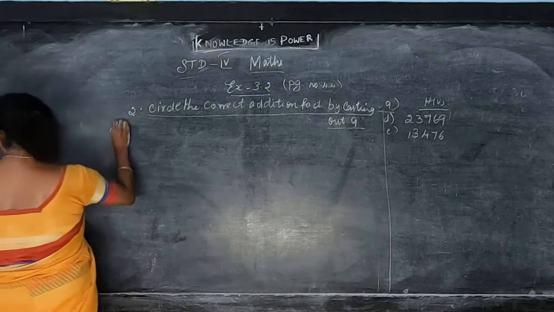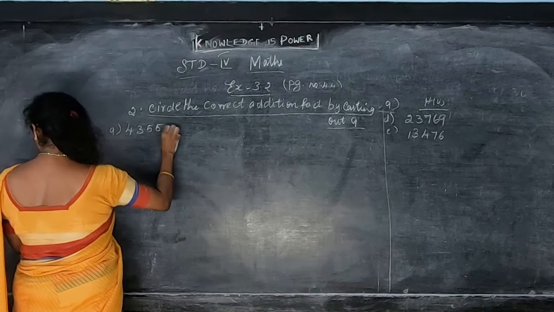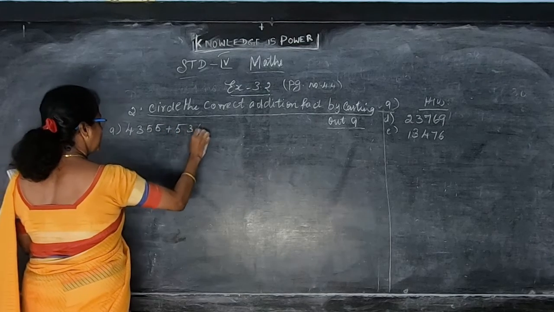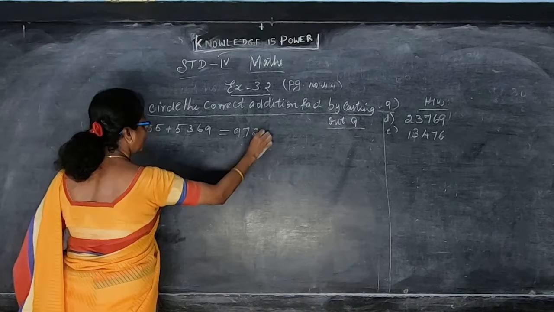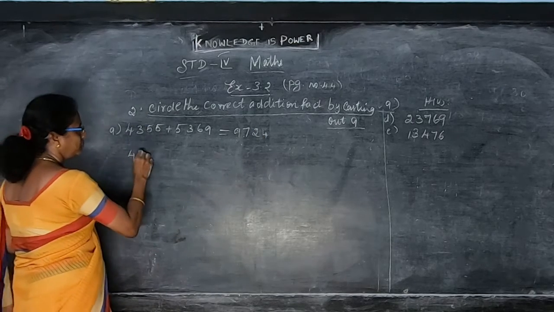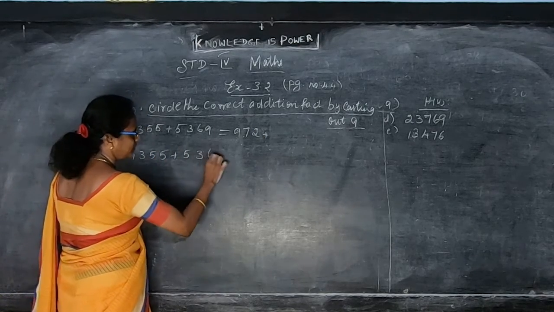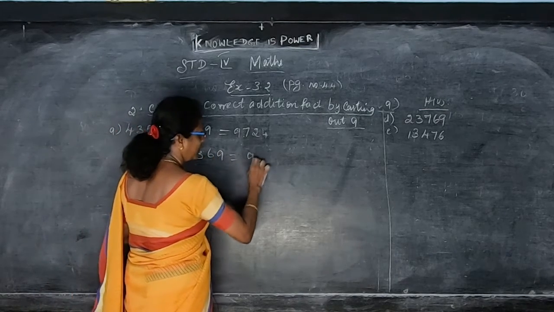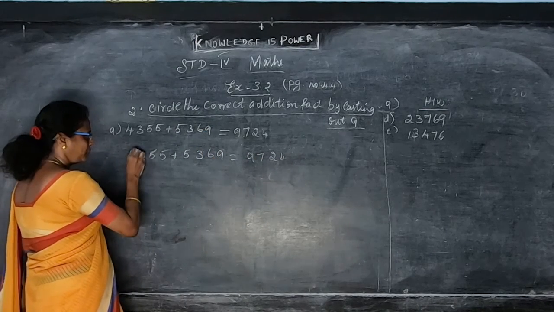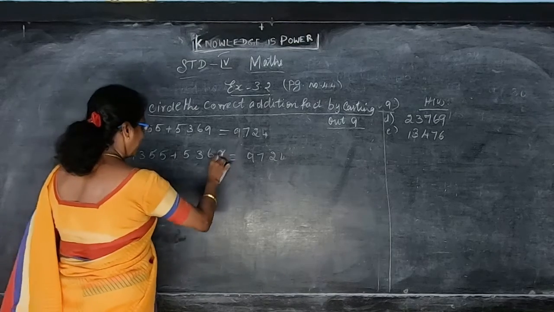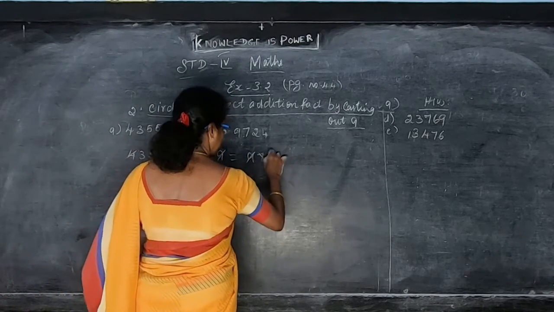Sum under 4: 4 3 5 5 plus 5 3 6 9 equal to 9 7 2 4. So I take and write 4 3 5 5 plus 5 3 6 9 equal to 9 7 2 4. In the first number, adding 5 and 4; then in the next number, 9 is struck off, adding 6 and 3; then in this one, 9, 7 and 2.